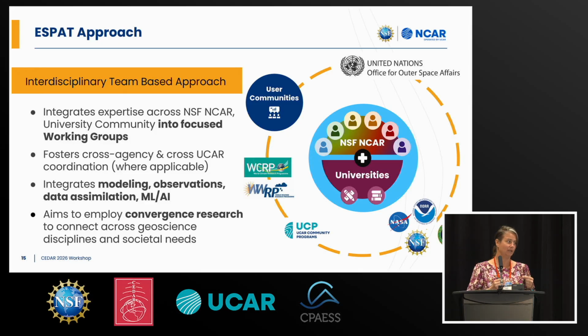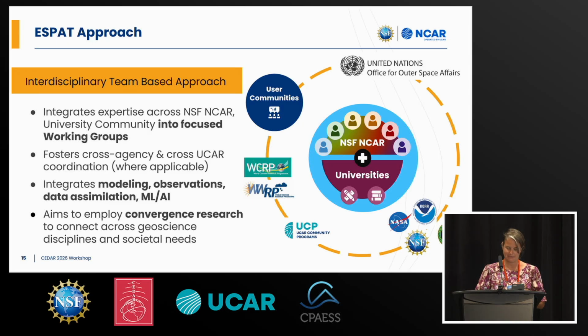For the lower atmosphere, that means the WCRP, the World Climate Research Programme. For space weather, it might be the United Nations Office for Outer Space Affairs, and of course other agencies. One of the approaches is that we create working groups focused on integrating modeling, observations, data assimilation, machine learning, and AI. Also, a big part of ESPAT is employing a convergence research approach.